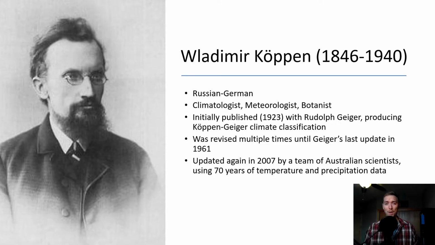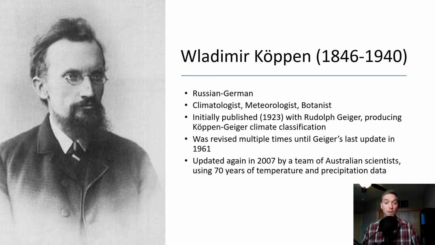So who was Vladimir Köppen? Well, he lived from 1846 to 1940. He was a Russian-German scientist born in St. Petersburg, moved to Germany. And he was a climatologist, a meteorologist, a botanist, and if you really think about what he did, a geographer as well. He initially published this classification system in 1923 with a German colleague, Rudolf Geiger.